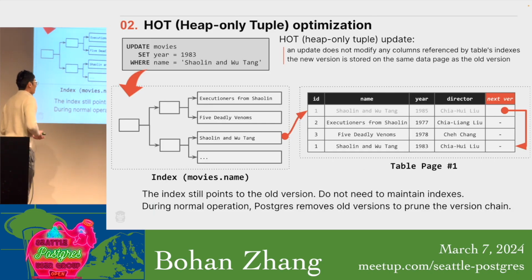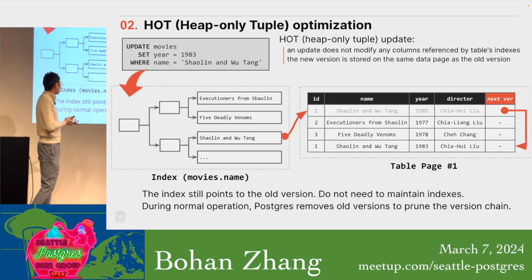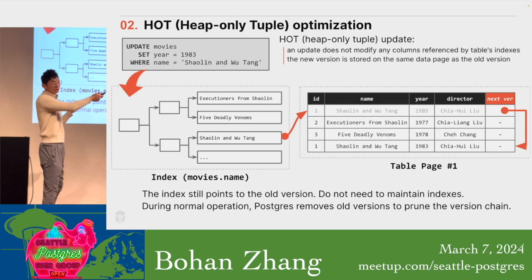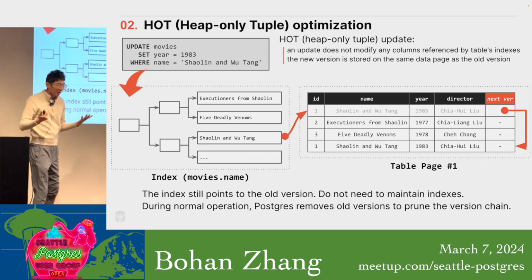For a HOT update, we have such optimization. We don't need to add any entries in the index, since we still have an entry pointing to the old version. In this way, we don't need to maintain an index.